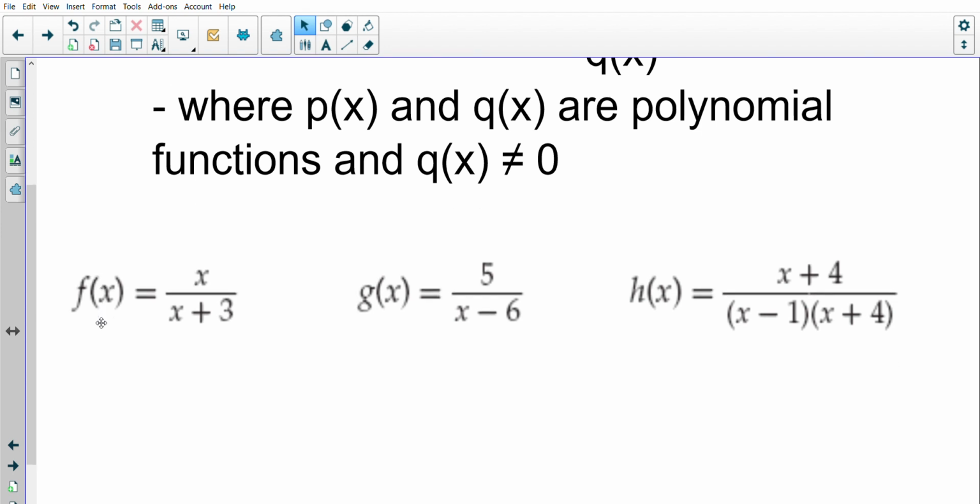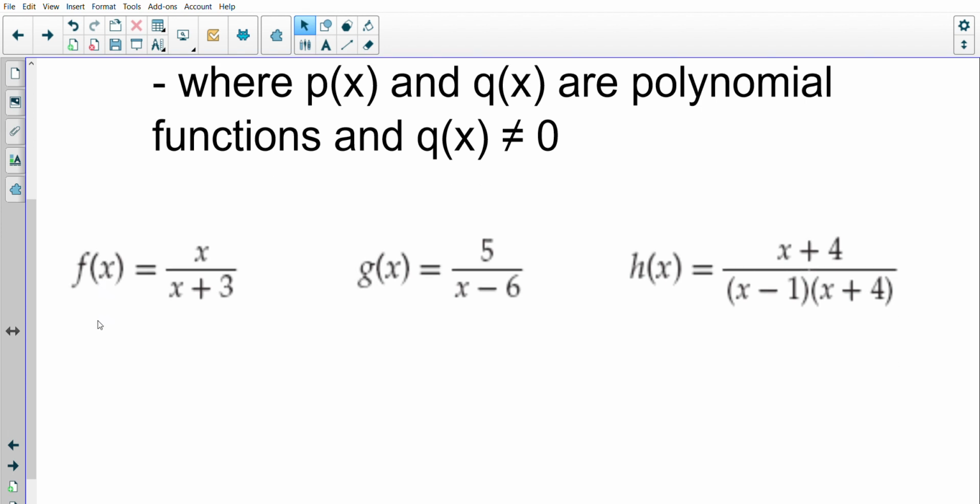So here are some examples. f of x equals x over x plus 3, g of x equals 5 over x minus 6, and h of x equals x plus 4 over (x minus 1) times (x plus 4). In these situations, we have to describe what values we cannot have for the variables.